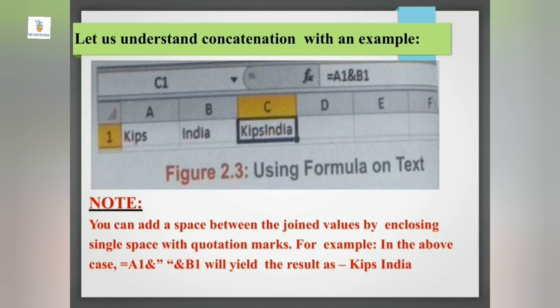We can also add a space between the two joined values by enclosing a single space within quotation marks. For example, in the above case, if I write equal to A1, then ampersand, double quotation start, space, double quotation close, then ampersand B1, then the answer obtained would be KIPS space India.